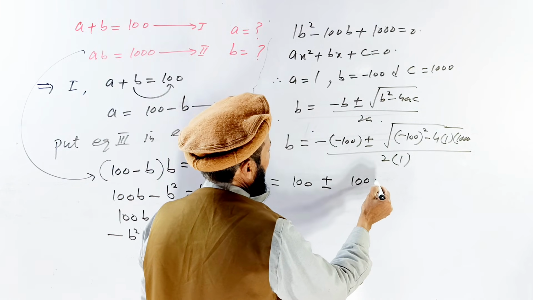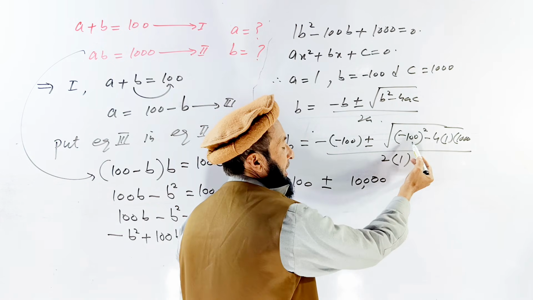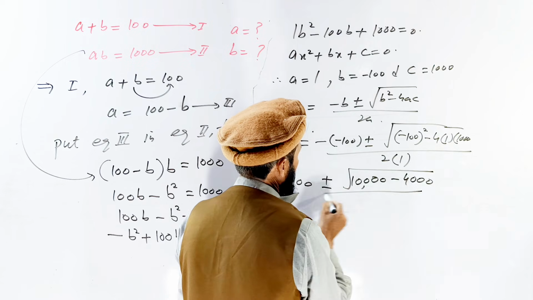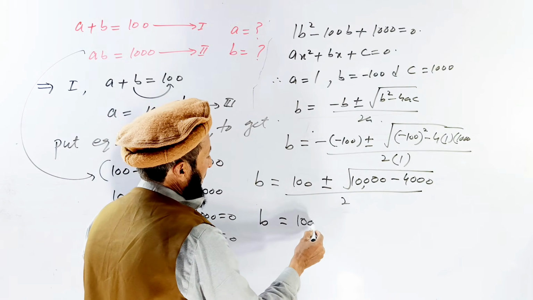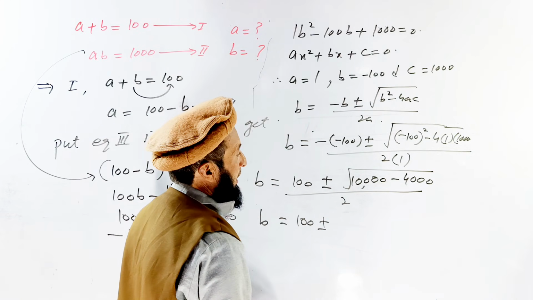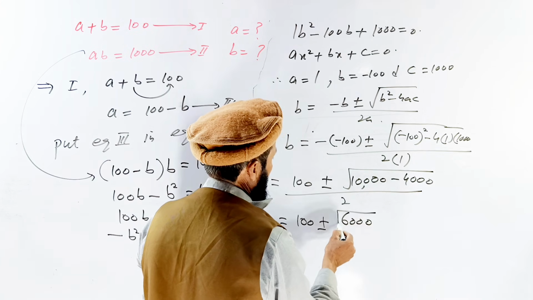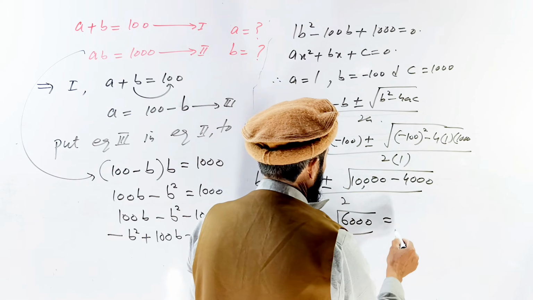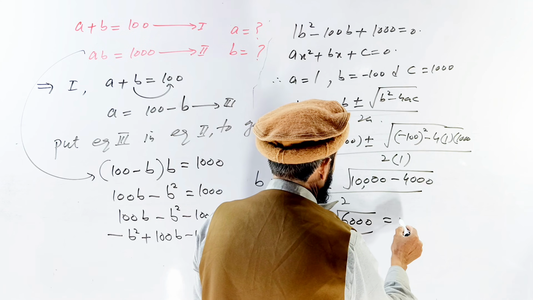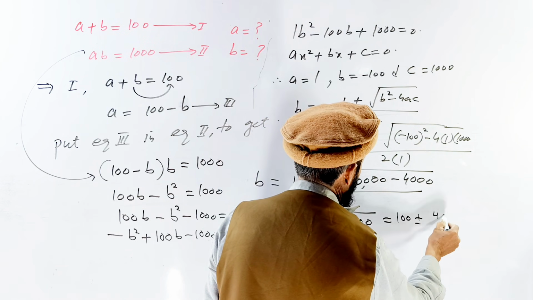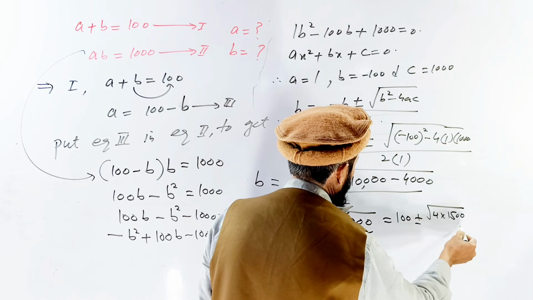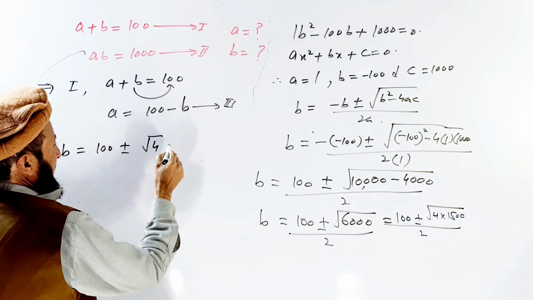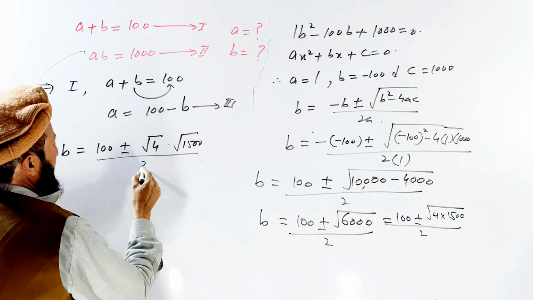So B is equal to 100 plus minus square root of 10,000 minus 4000, divided by 2. We get 100 plus minus square root of 6000 divided by 2, which is 100 plus minus square root of 4 multiplied by 1500, divided by 2.